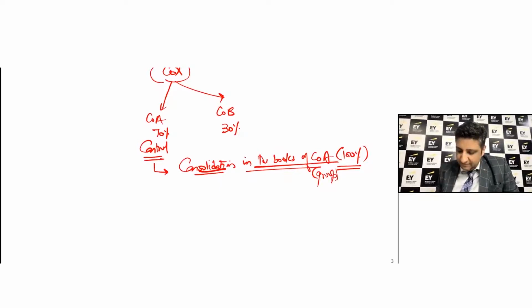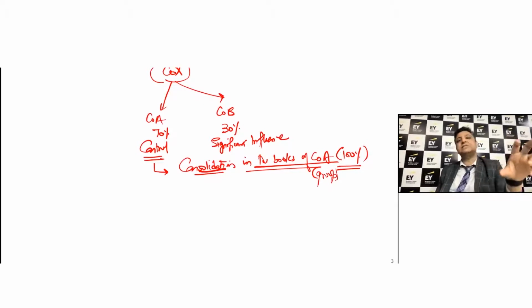Because it is more than 20% and less than 50%, we assume there is significant influence. So whatever decision making company X is doing, of course, A has control over that, but B also has an impact.